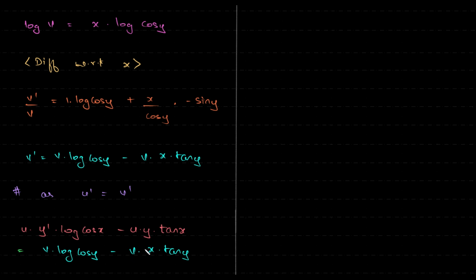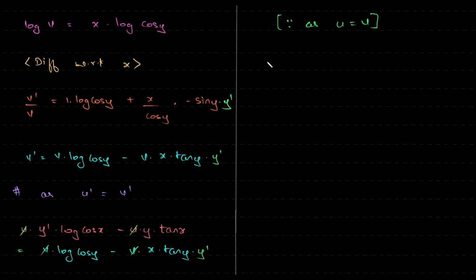So in all of this we have v and u, so that I can cancel it off, as u is equal to v. Okay, and then this is a bit of rearrangement. I missed one thing. Differentiation of cos y, as per chain rule, will be minus sine y into y prime. So I missed that. So you need to have y prime there.